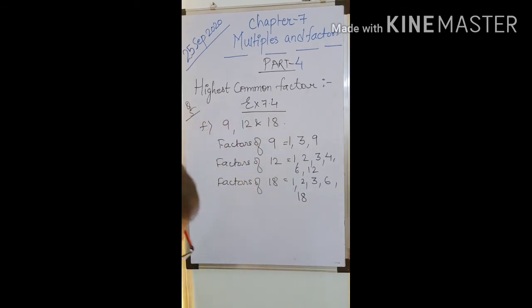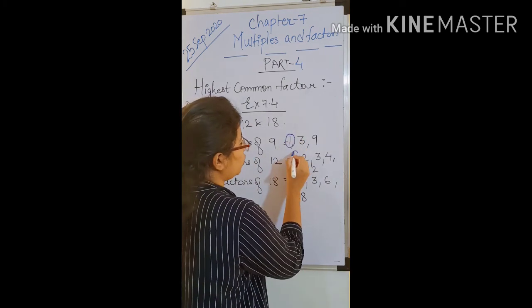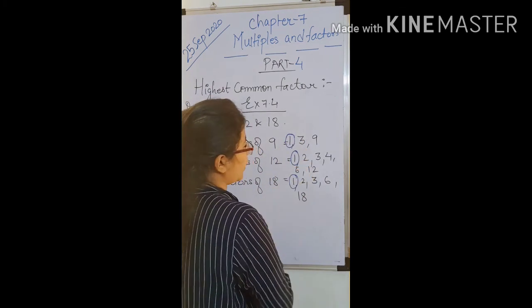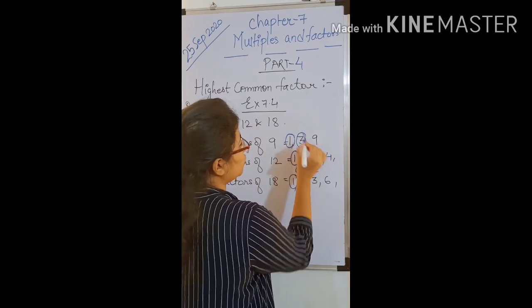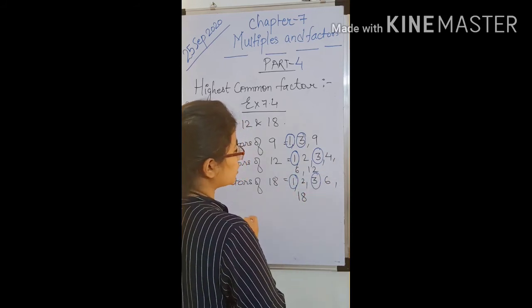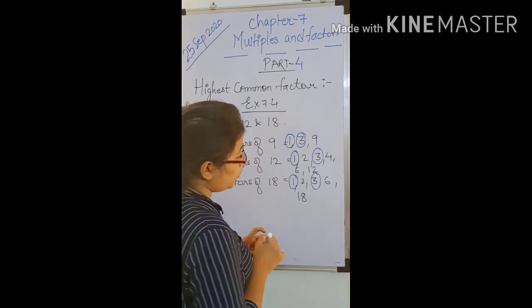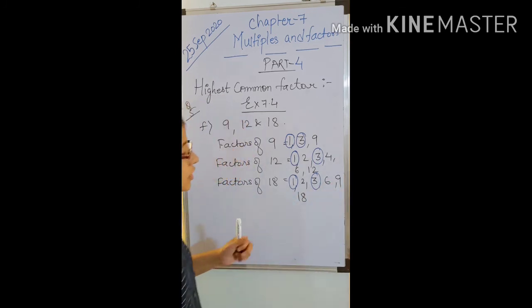Now step 2 comes, that is to find the common factors in the given numbers. The common factor over here is 1. And the next common factor will be 3. Can we find any other common factors? We know 9 is also a factor of 18, but not of 12.